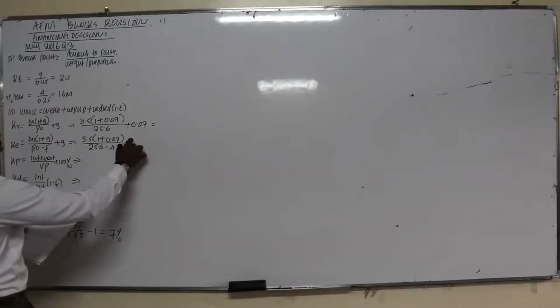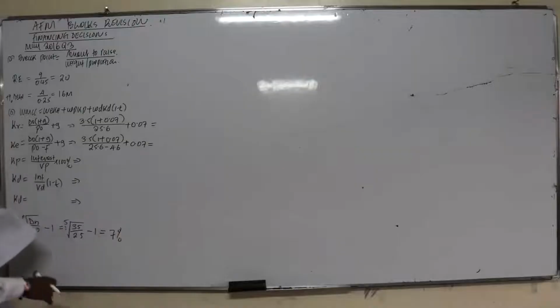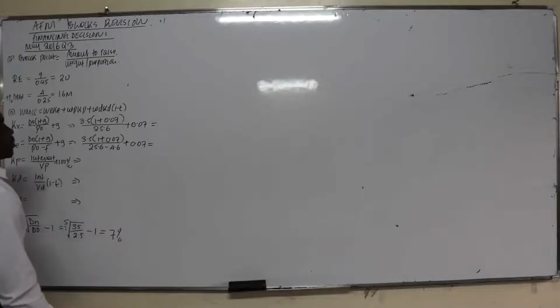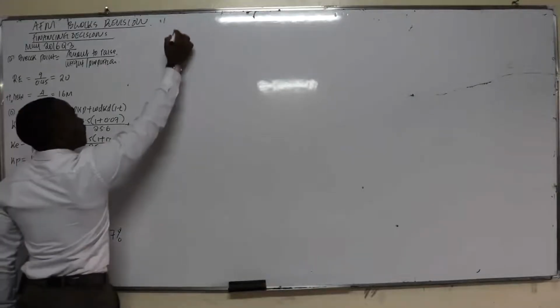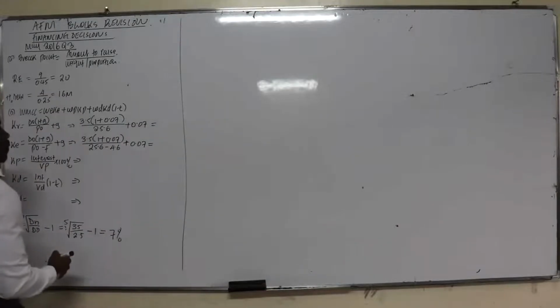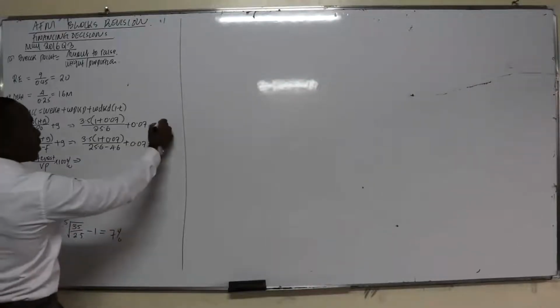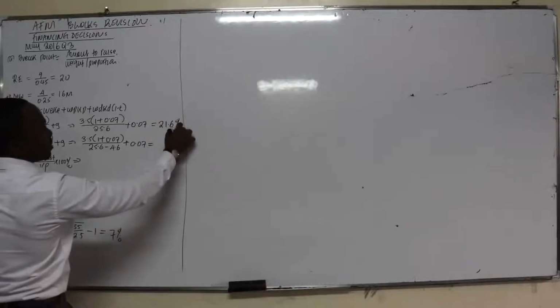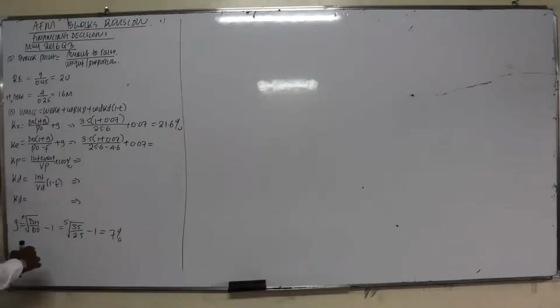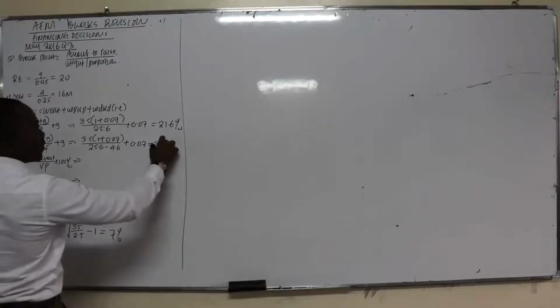And then you add the growth rate, 0.07. So give me that. 21.6%. 24.8%.